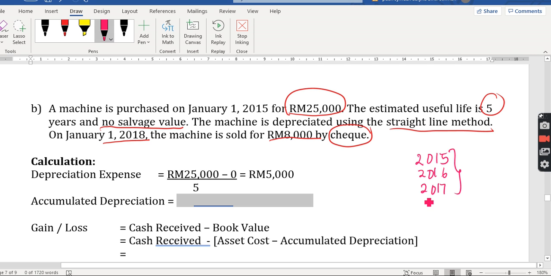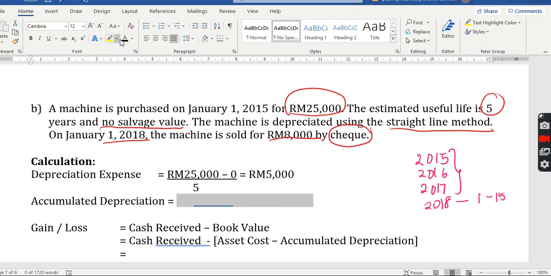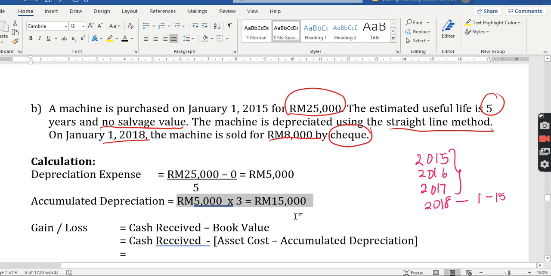So we have 3 years of accumulated depreciation. On the year of the disposal, 2018, we won't do any adjustments because the selling date is between 1st until 15th of January. So the accumulated depreciation is 5,000 multiply by 3, that is 15,000.